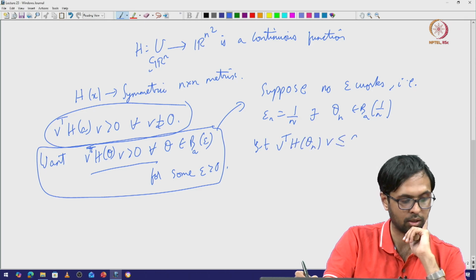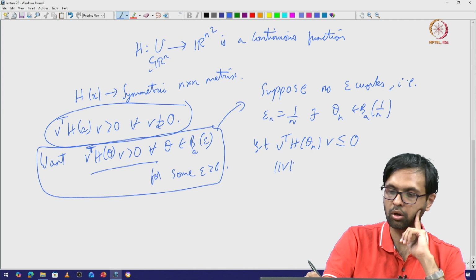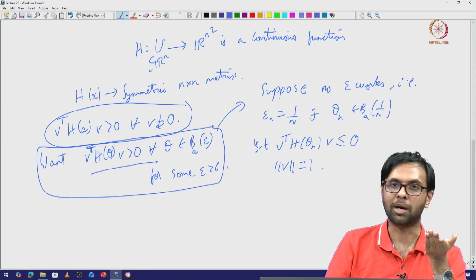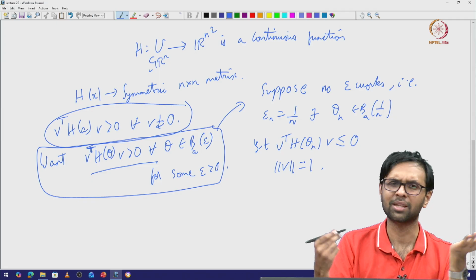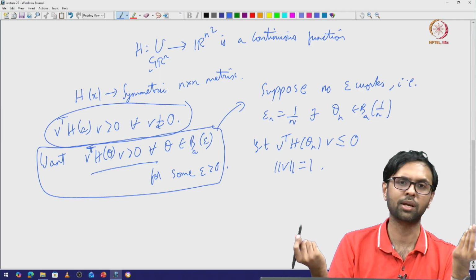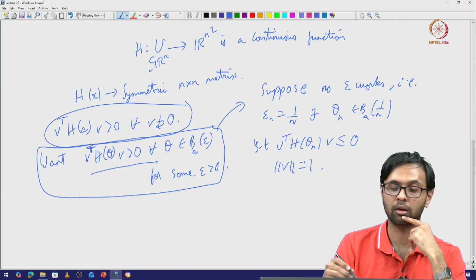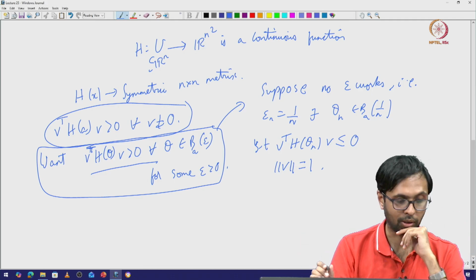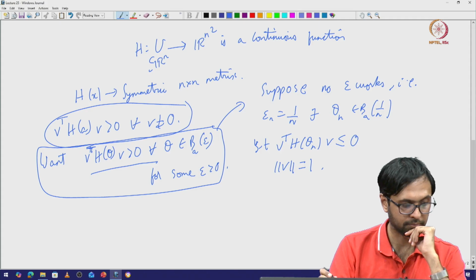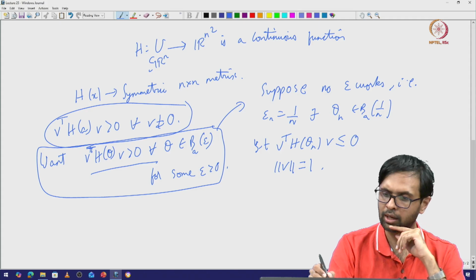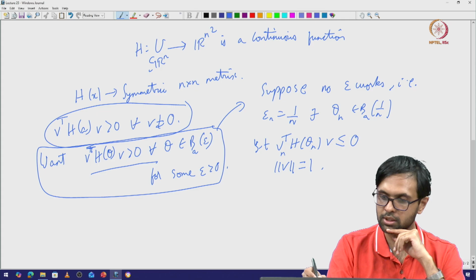Is less than or equal to 0 and norm of V is equal to 1. Of course, you might object saying norm of V need not be 1, but that's not a problem. Just divide by the norm of V and you can make sure norm of V is 1. Okay? So why is this a problem? The reason this is a problem is because for some V.